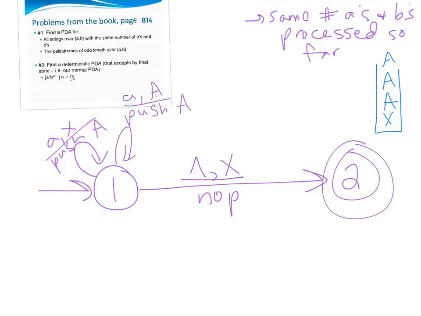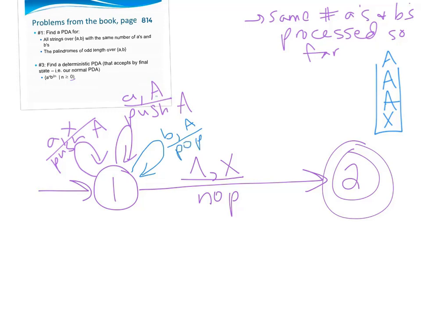And whenever I see a B, if there's an A at the top of the stack, I want to get rid of that A, right? So I'm just going to change color so it's a little bit more clear because I'm running out of space here. But if I happen to see a B and there's an A at the top of the stack, I'm going to do a pop.